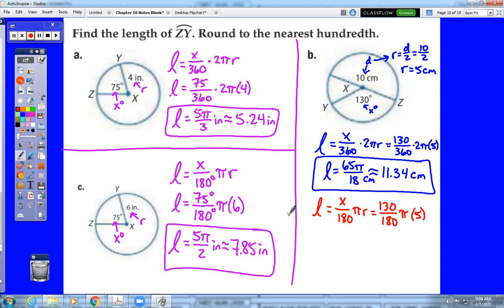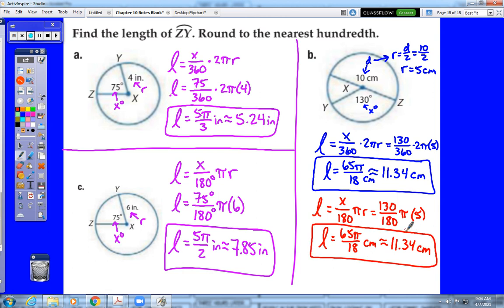Hey, look, same exact answer, 65 pi over 18 centimeters. Again, that's 11.34 centimeters. Okay? So again, it does not matter which version of the equation we use. We get the same answer either way. Okay, that's the whole point of us doing it that way.